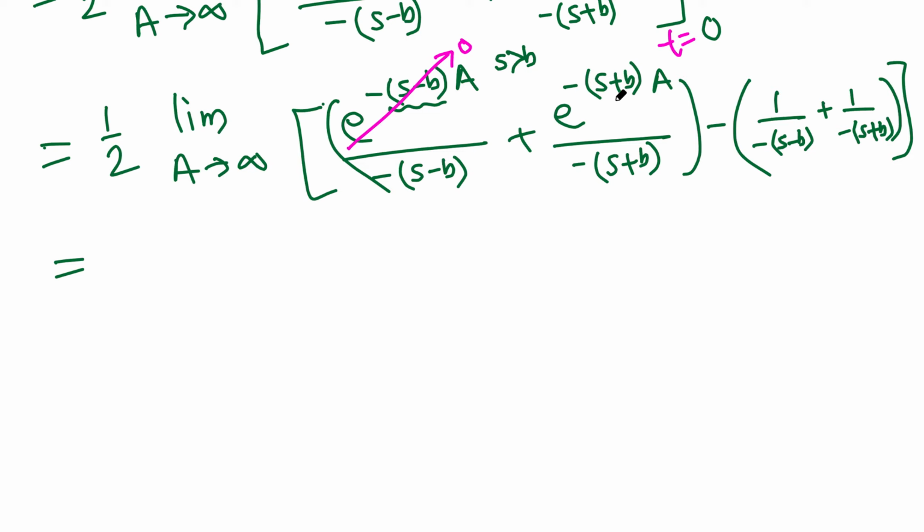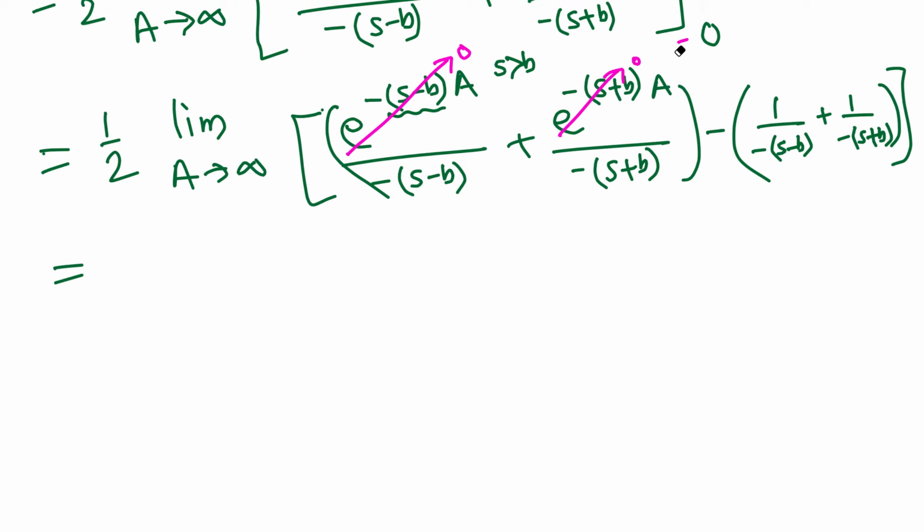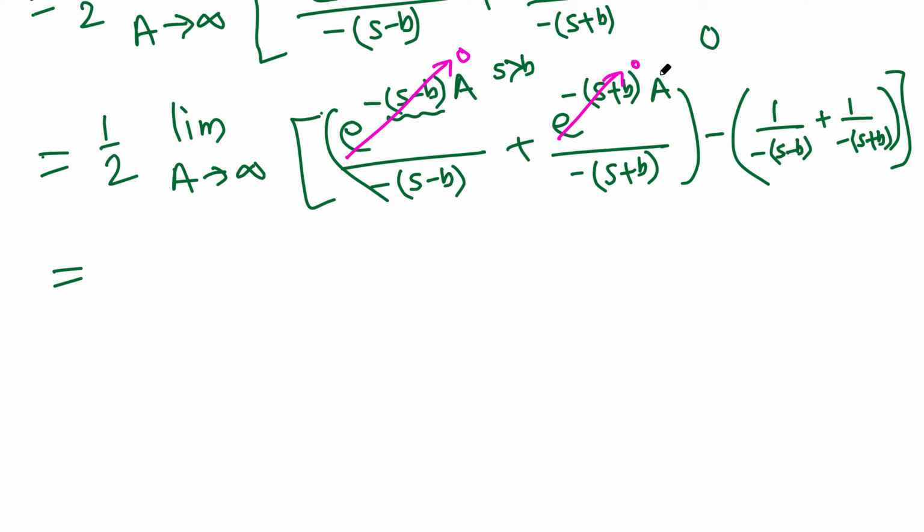Similarly here, this is going to go to 0 when s plus b is positive, because a is going to infinity and the whole thing goes to negative infinity. So here we need the restriction that s plus b is positive, which means s is bigger than negative b.